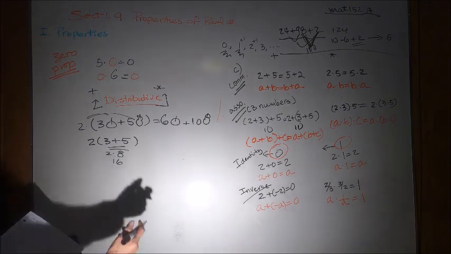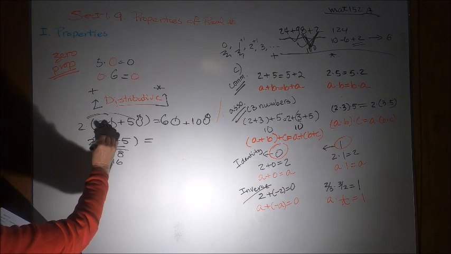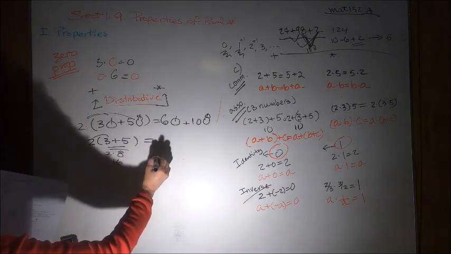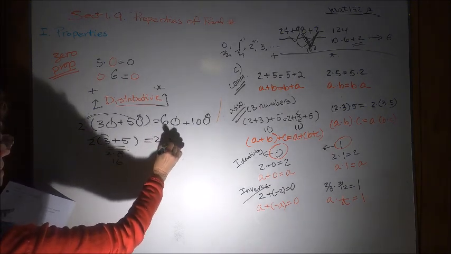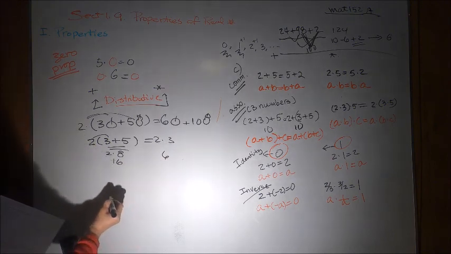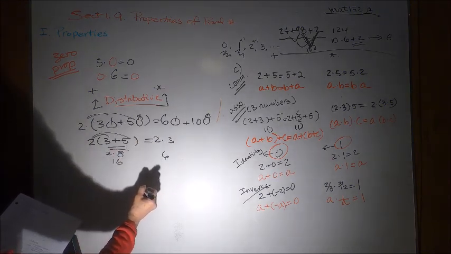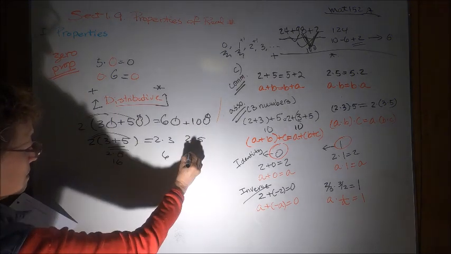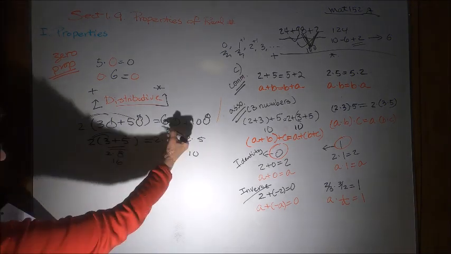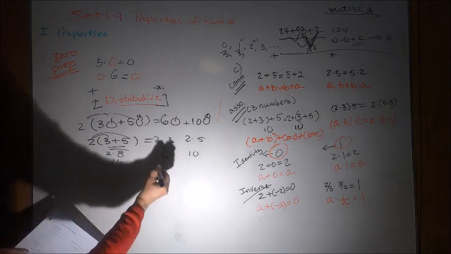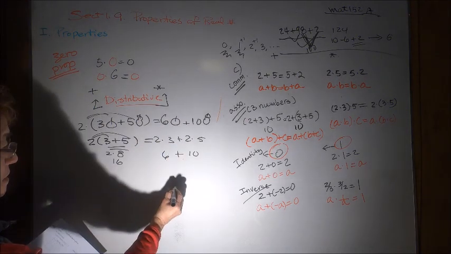But if we do it individually, 2 times 3 is 6, and 2 times 5 is 10, and 6 plus 10 is 16.